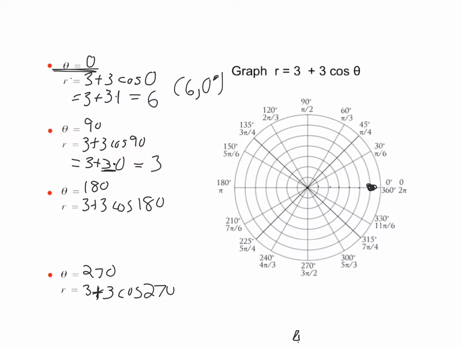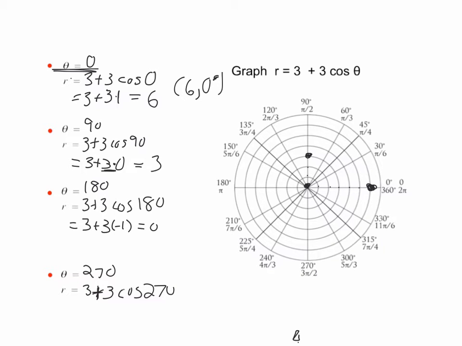And so when I rotate and face 90 degrees straight up, I'm going to walk forward 1, 2, 3 steps. And then next I look at 3 plus 3 times the cosine of 180. That'll be 3 plus 3 times negative 1, because the cosine of 180 is negative 1. Well, that's really 3 minus 3, which is 0. So when I'm facing 180, I don't walk any steps at all.